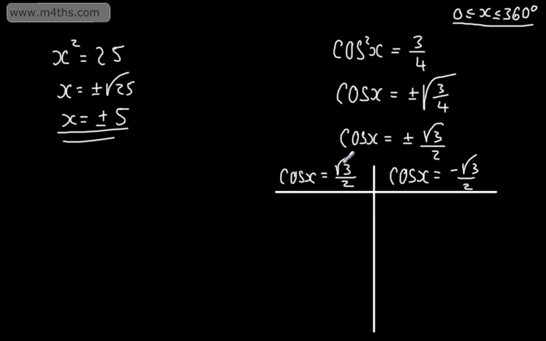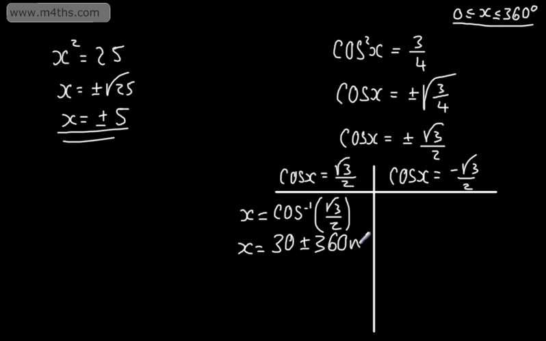If you can't, go back and watch the videos prior to this, as I'm not going to spend a lot of time doing it. This is one of our nice values, so we'd have x is equal to the inverse cosine now of root 3/2. So getting a principal value, x is going to be equal to 30 degrees plus or minus multiples of 360.